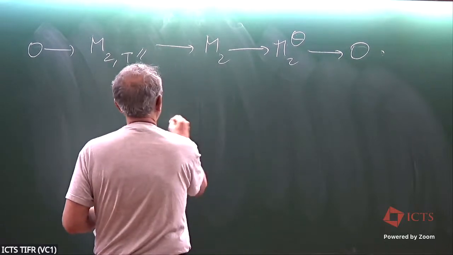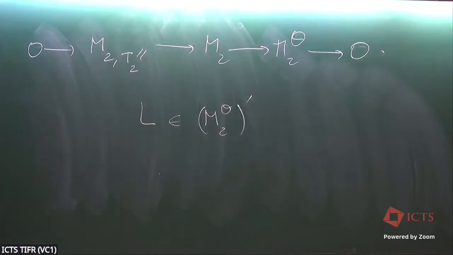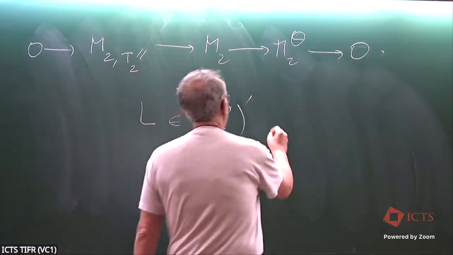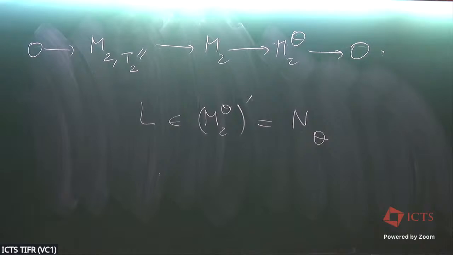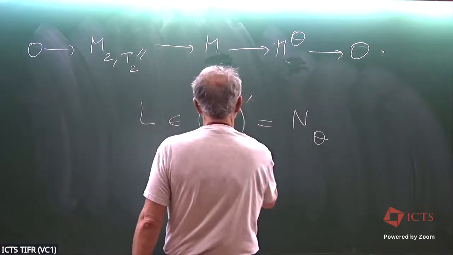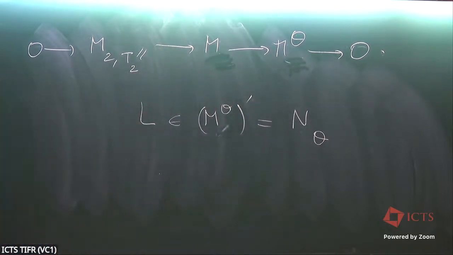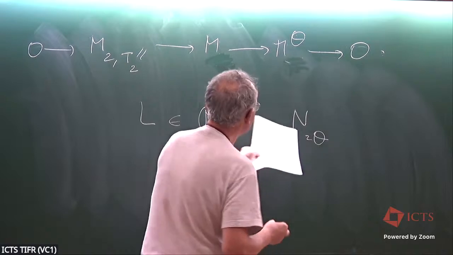So you can view it as an element of the dual of M2 theta. The dual of M2 theta, we know it. This is the lower theta of the dual, because I explained that before. Well, there is a 2, but I forgot about the 2 here. Okay, so L belongs to this.